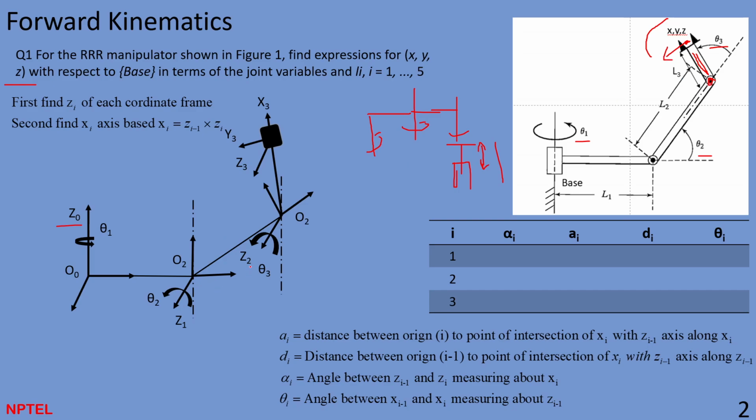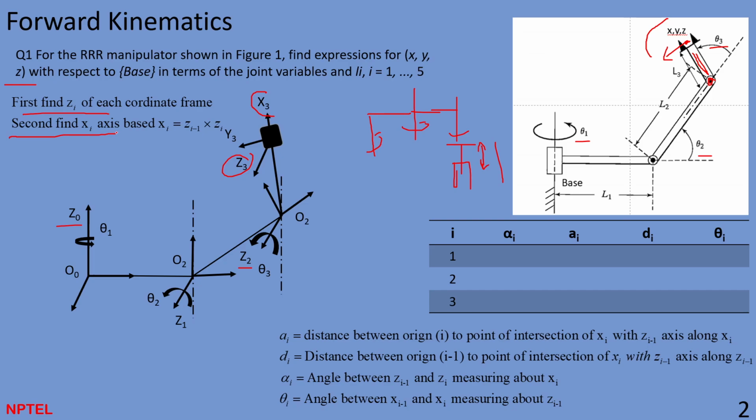So let's say this is Z2, then this will be Z3. We'll come to how to calculate X3. After finding Zi, we need to move on to Xi. How to get Xi, right?